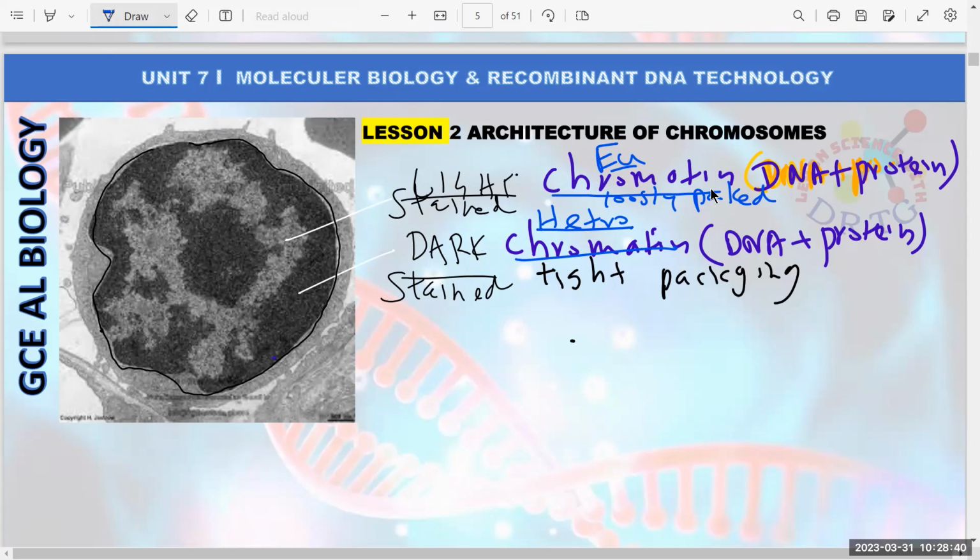That's how we can explain the appearance of the nucleus under the electron micrograph. And people, trying to explain this further, say that in the light area the DNA is active. That means they are ready to copy, easy to copy because they are a little bit loosely arranged.